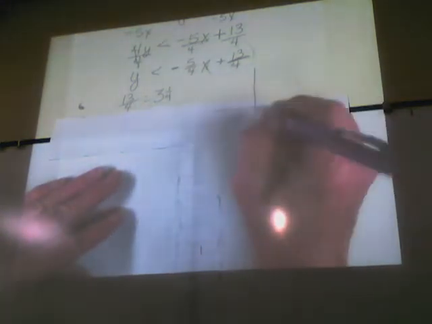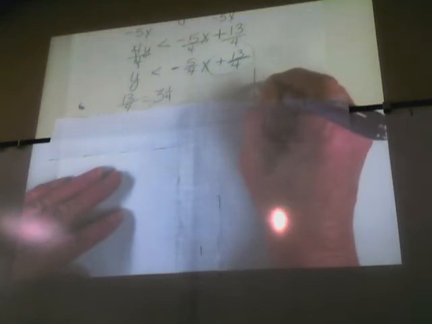So on the y-axis, you're going to go up to a little past 3. So go 1, 2, 3, and a little more, about 1/4 of the way.